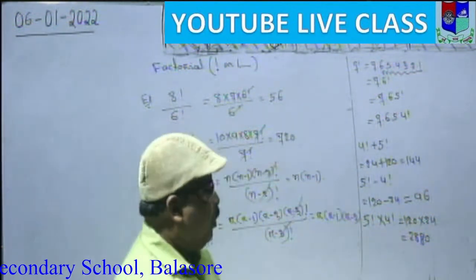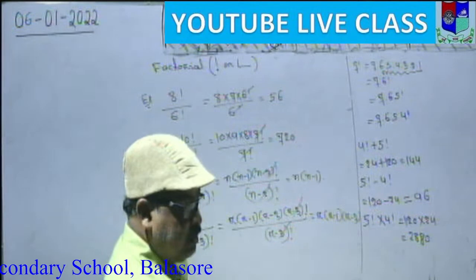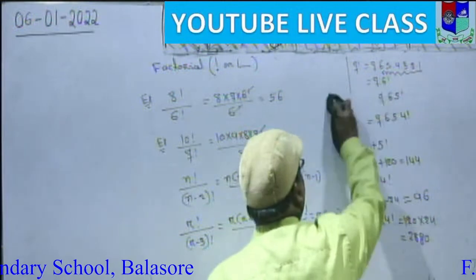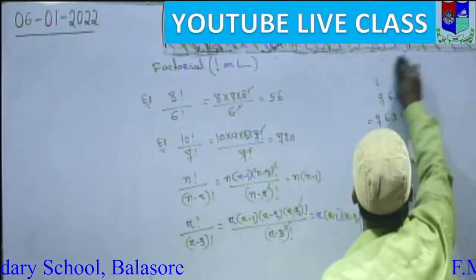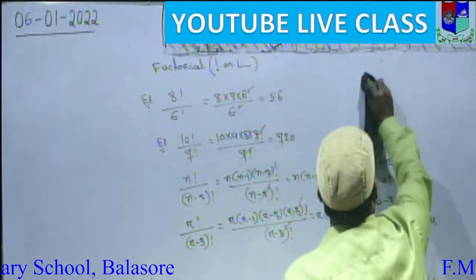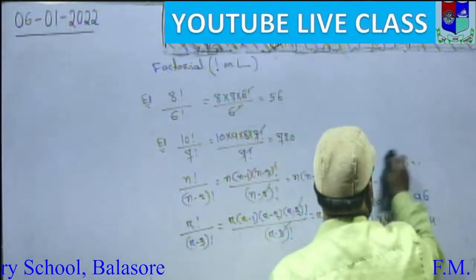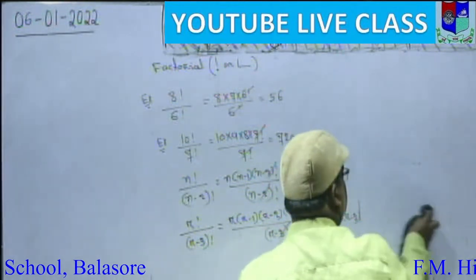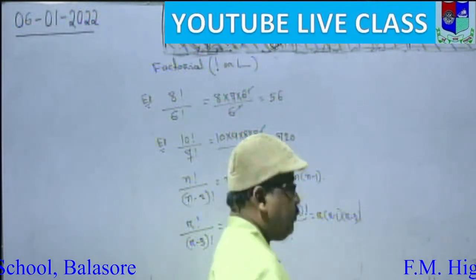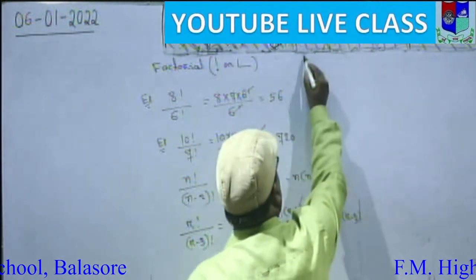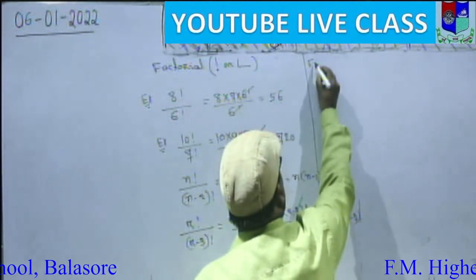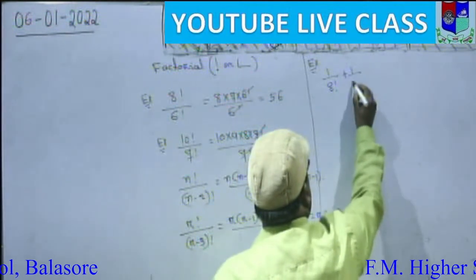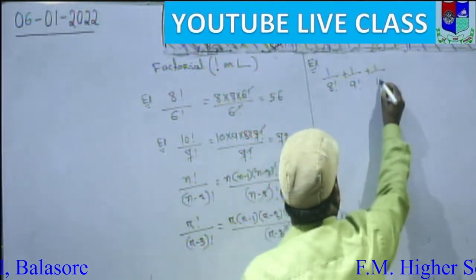Similarly, we want to add some factorials. Another example: 1 by 8 factorial, 1 by 9 factorial, 1 by 10 factorial.